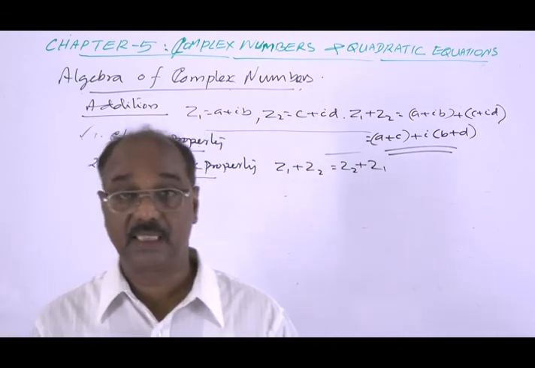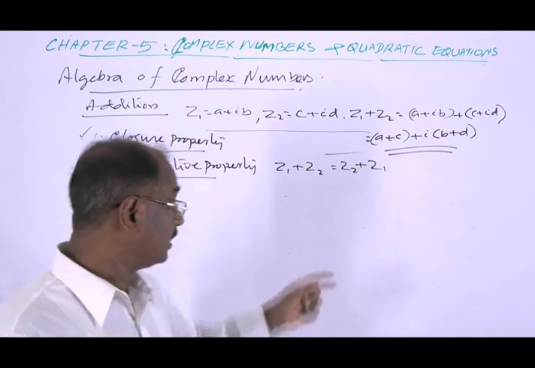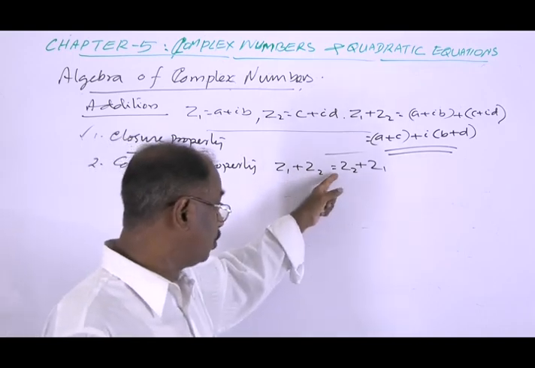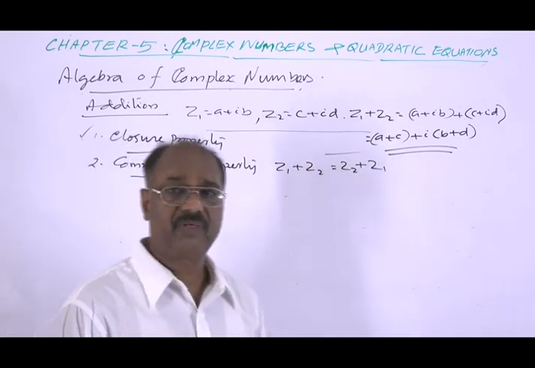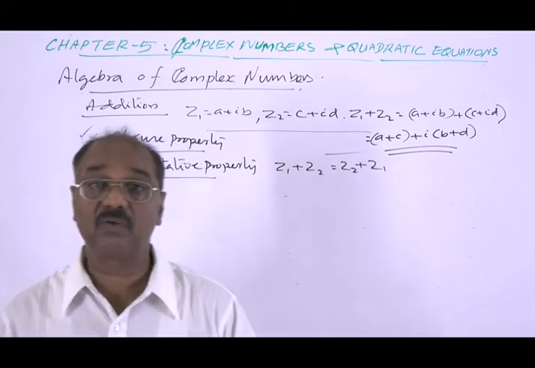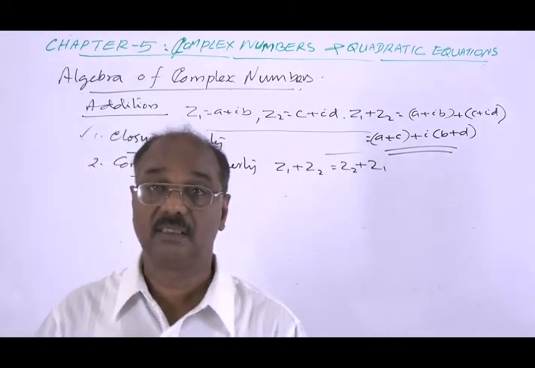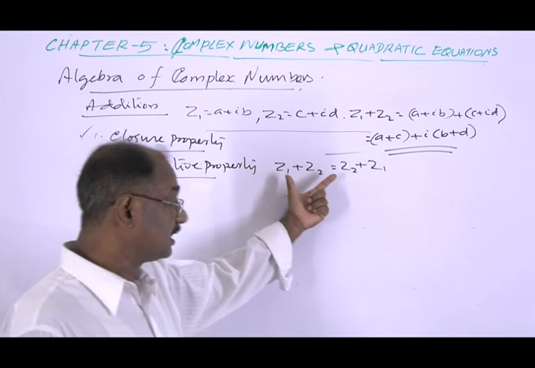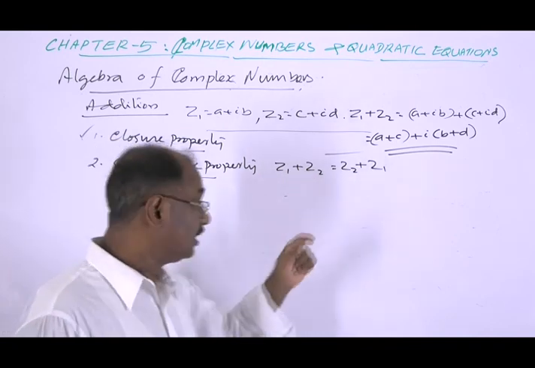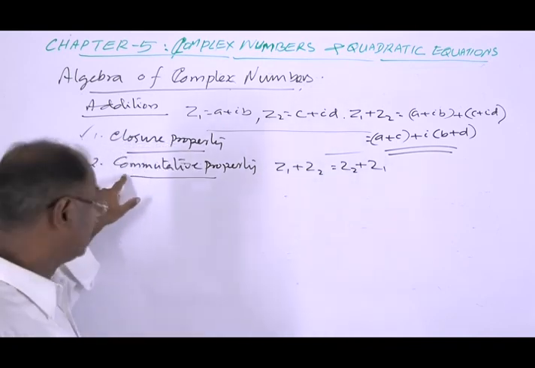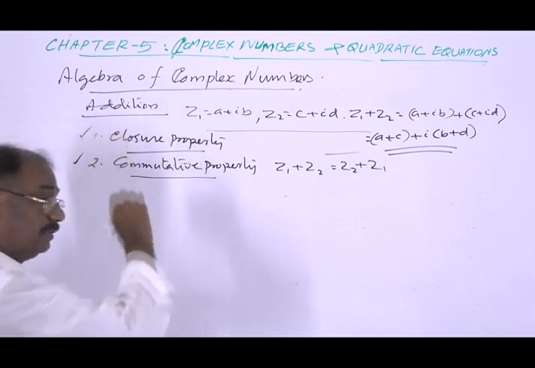You can easily see that for any two complex numbers, Z1 plus Z2 is equal to Z2 plus Z1. The verification is very simple and therefore we do not go into the details. So addition is clearly commutative in the case of complex numbers, so the second property is also satisfied.